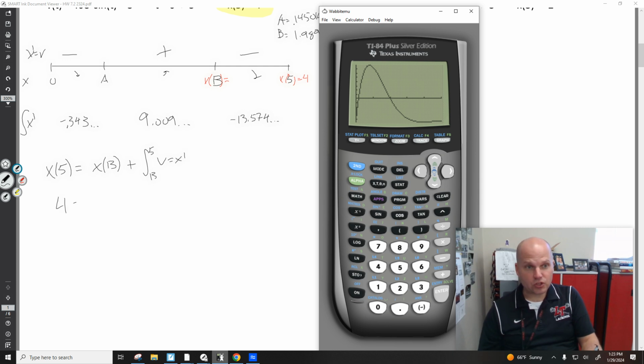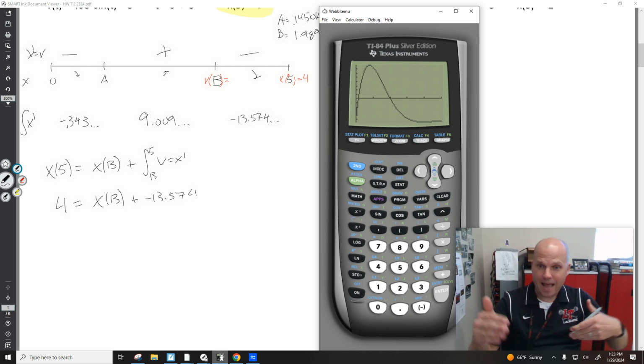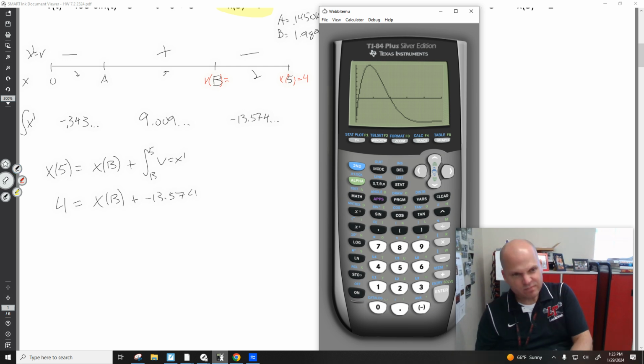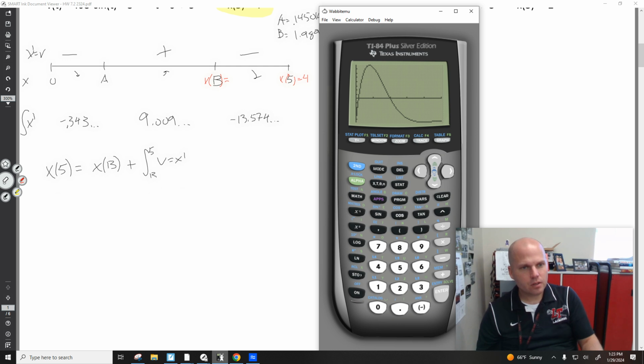And then you can solve for x of b by adding the 13.547 or subtracting the negative. Or probably what I would do if I were you is to just understand I'm going backwards. I'm doing the opposite.